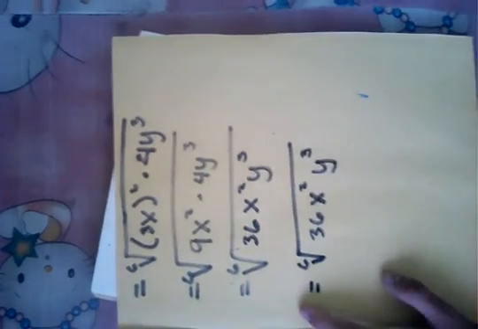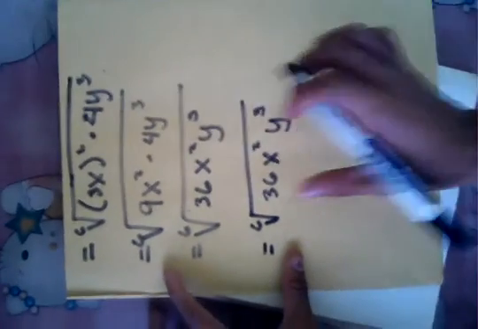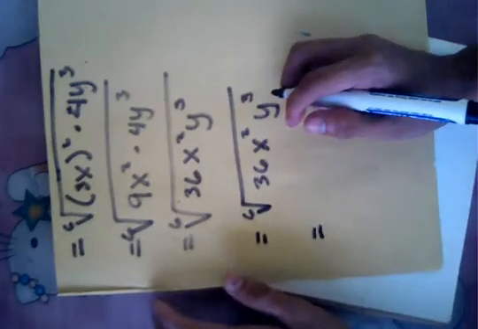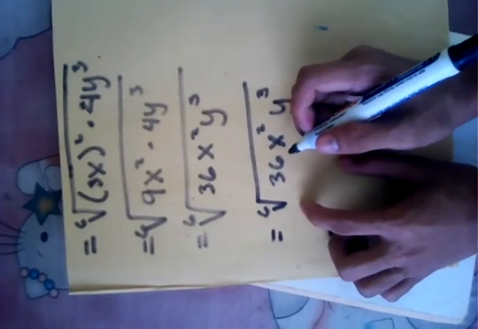Just that. If we want to get the simplest form, we will make it an exponential form. So how? What is the 36?